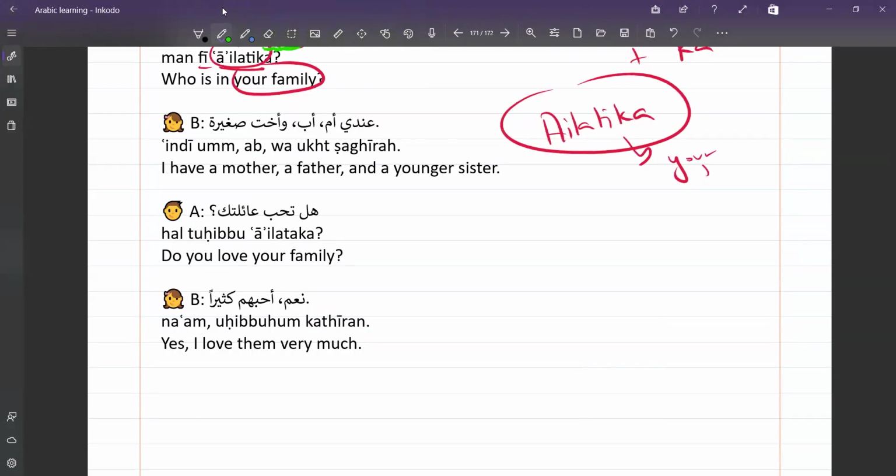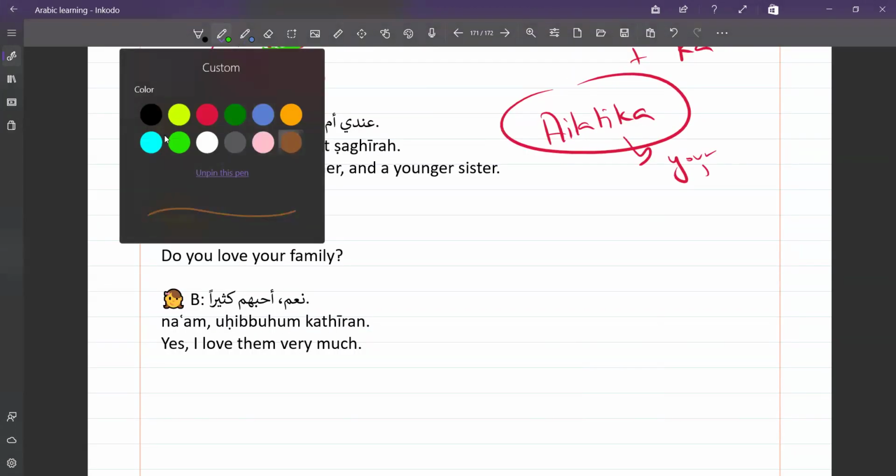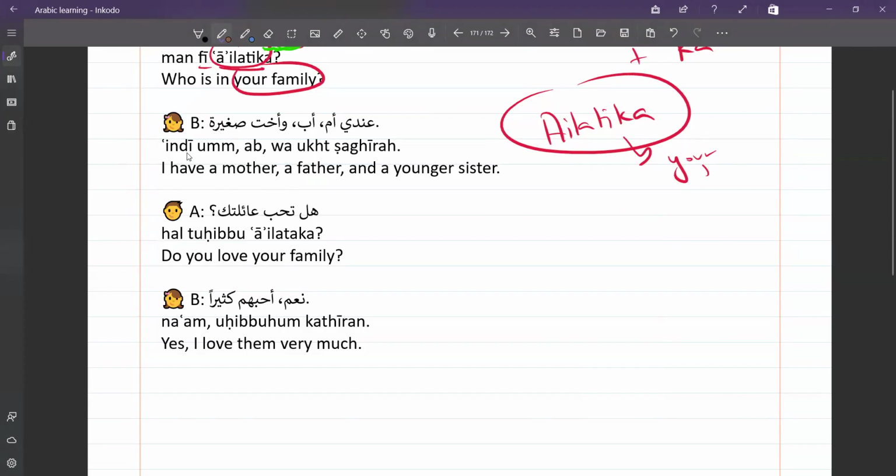So the person B would reply, Indi, meaning I have, umm, a mother, ab, a father, wa, and ukht saghira. Saghira means small.